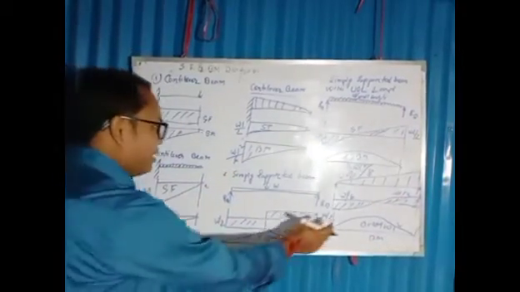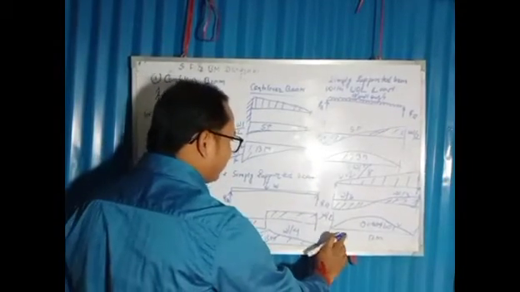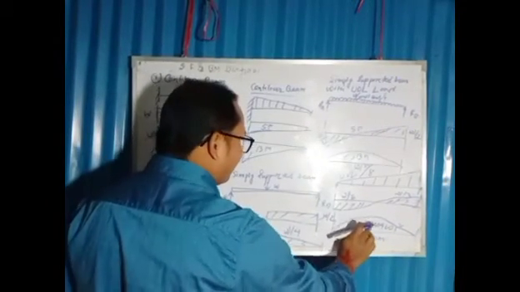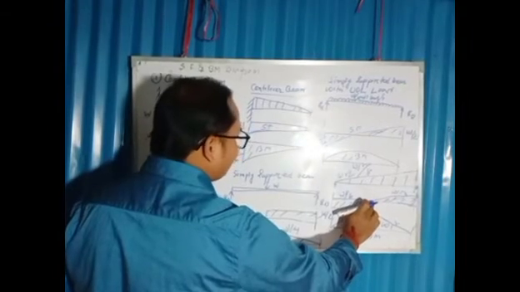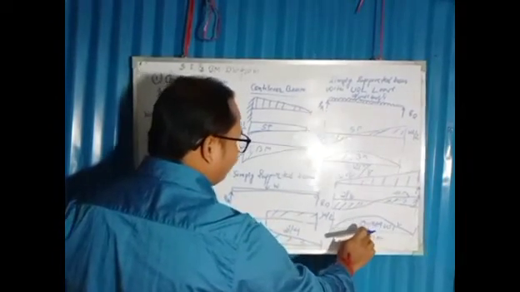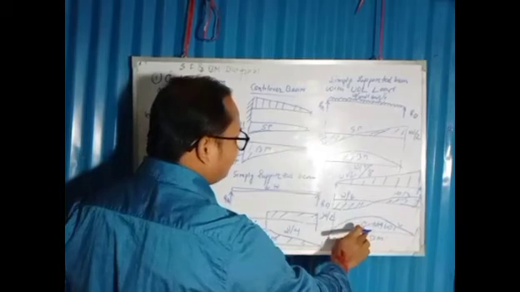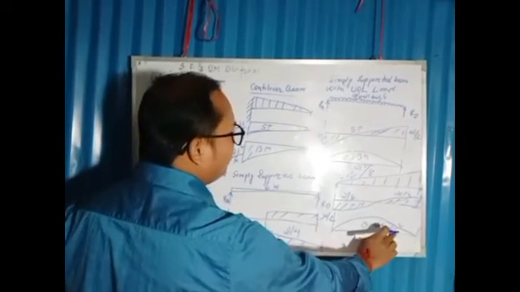The bending moment diagram is also a parabolic path, and where the shear force changes sign, the bending moment is maximum, with value 0.064 WL square.